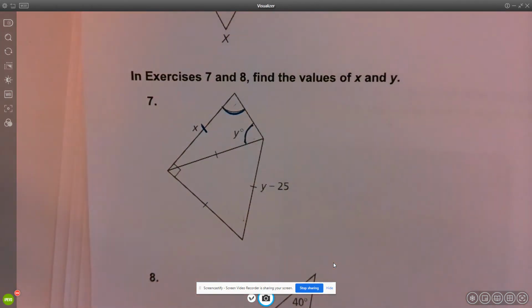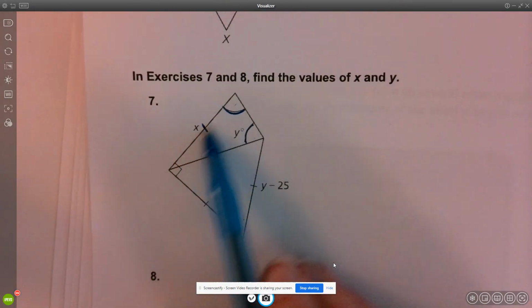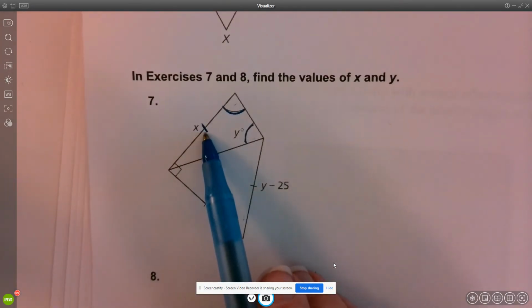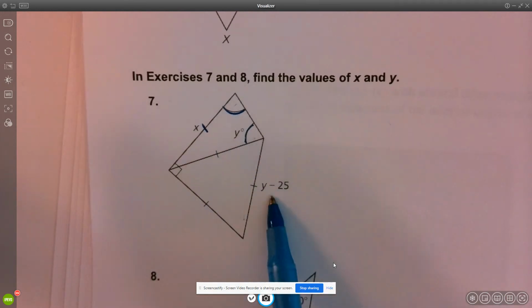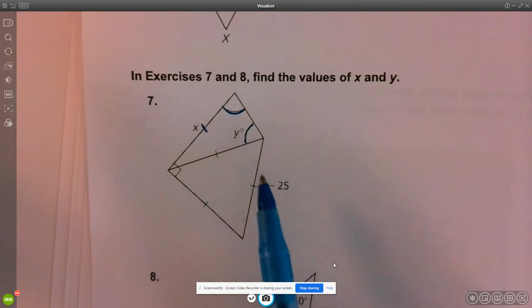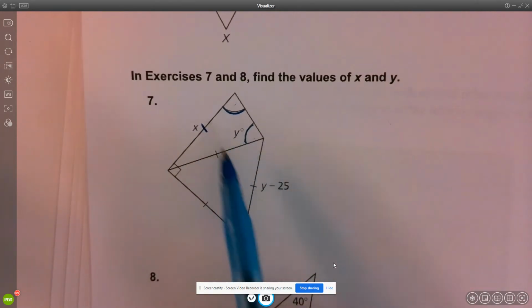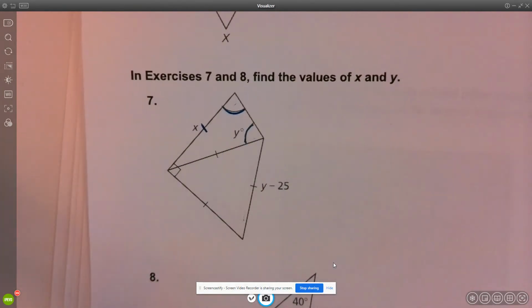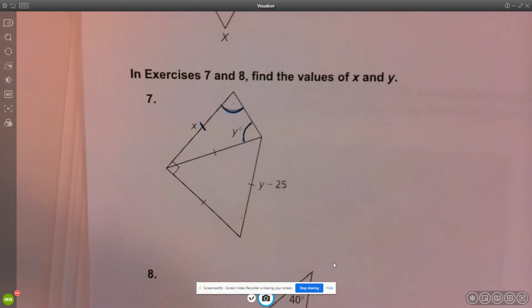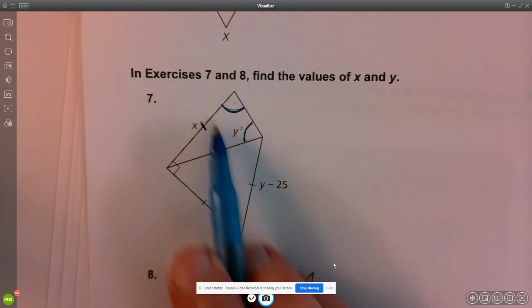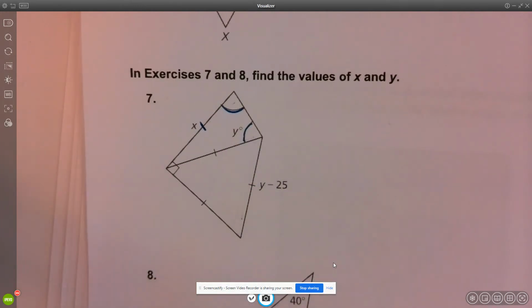One thing I might need to do later is this side, which is x, has 1 tick mark, and this side, which has y minus 25, has 1 tick mark. So I know these are going to be equal. My problem is I need to find x or y before I can find the other and use the fact that these are equal.